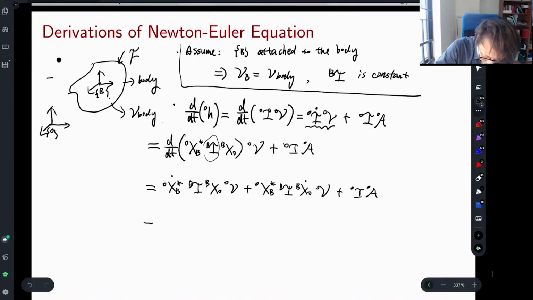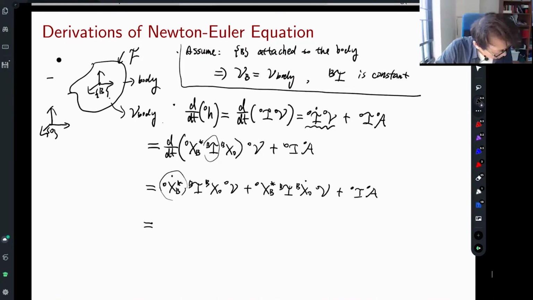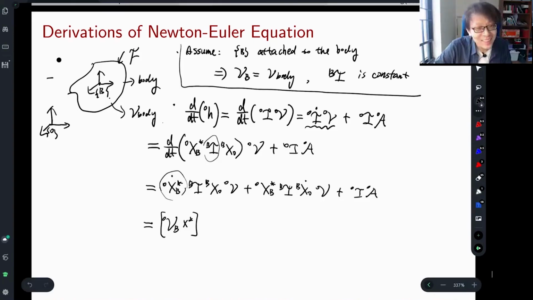Then I need to ask Fuzhen, do you remember what this is again? This is the spatial velocity V_B cross star, times X_BO star.